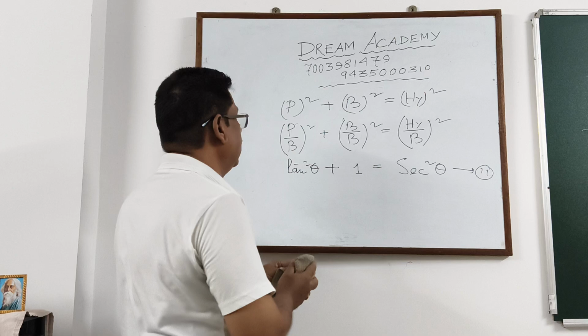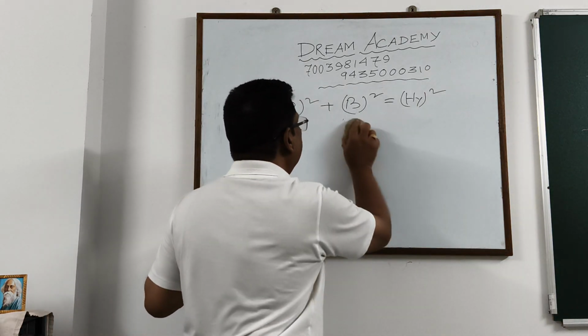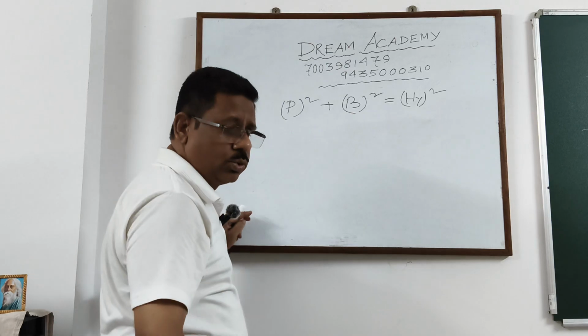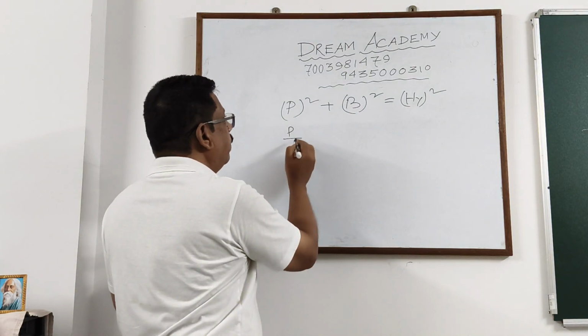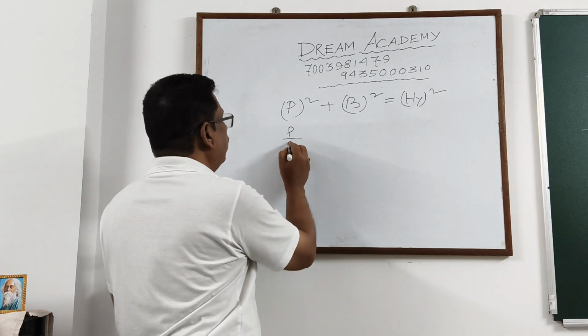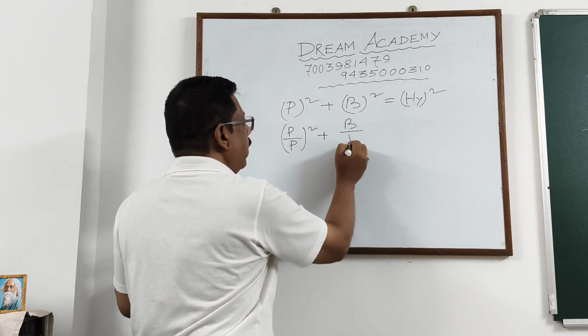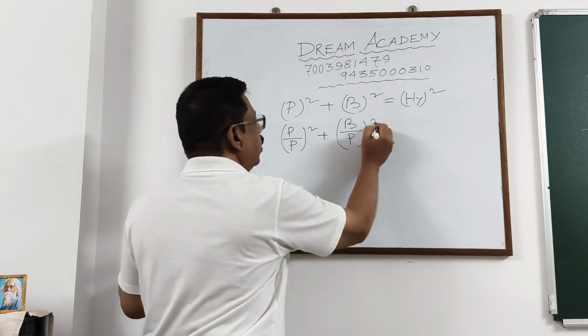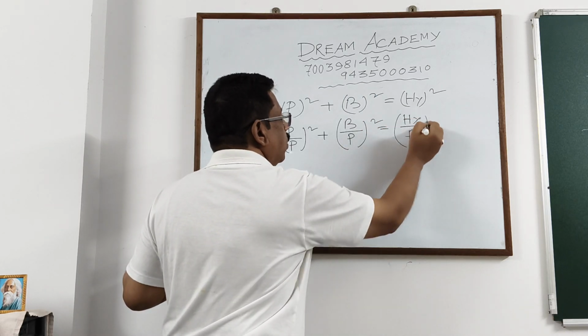And the third identity, how can we get it? Yes, you already recognize what I am going to say: perpendicular by perpendicular, whole square, plus base by perpendicular, whole square, equals hypotenuse by perpendicular, whole square.